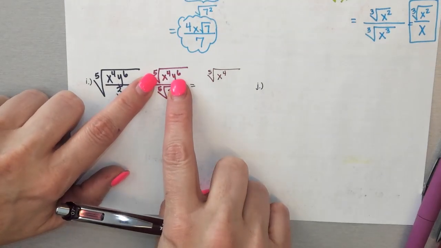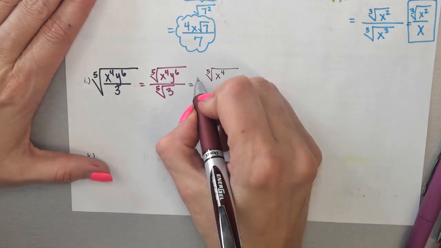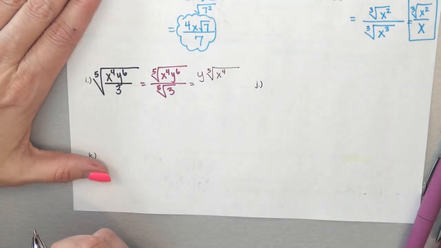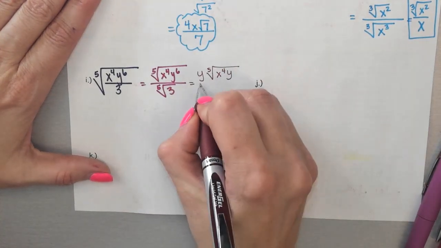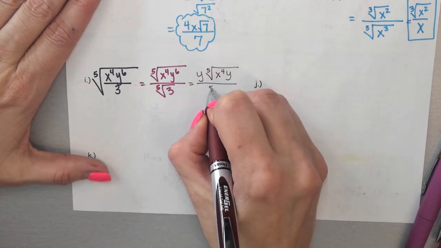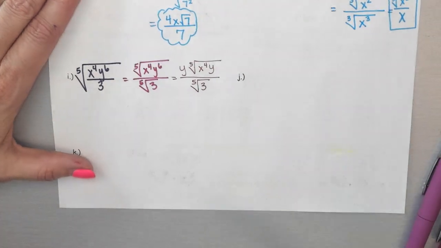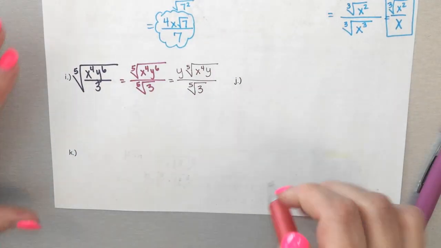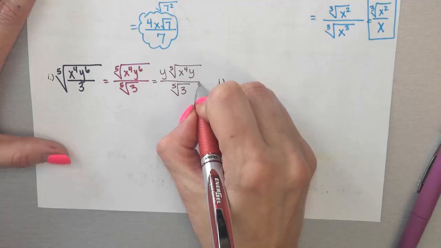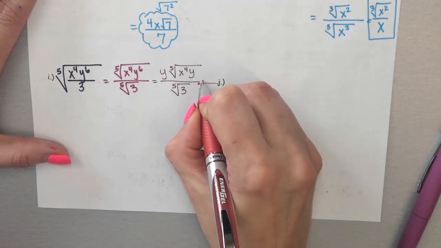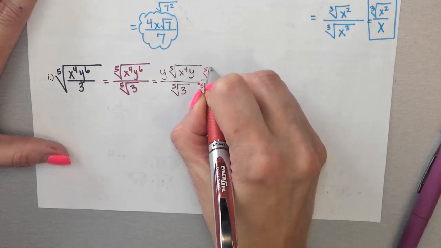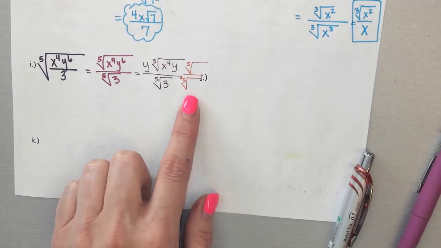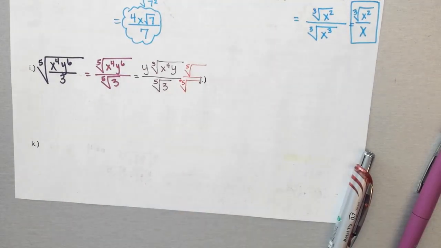Yep, but it does go into 6. So 5 goes into 6 one time with how many left over? 1. Okay, so you can simplify the numerator. Now based on what we just did here, I want you to write down what you're going to multiply by, and I also want you to make sure that if it's a fifth root, you're multiplying by the fifth root.